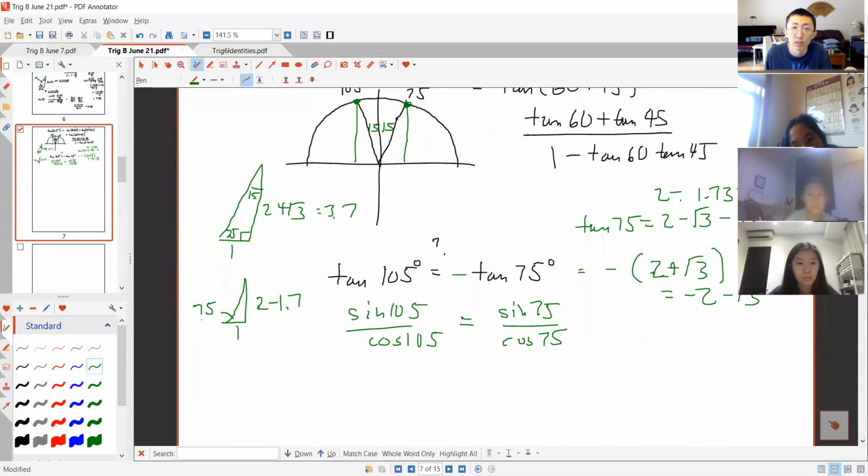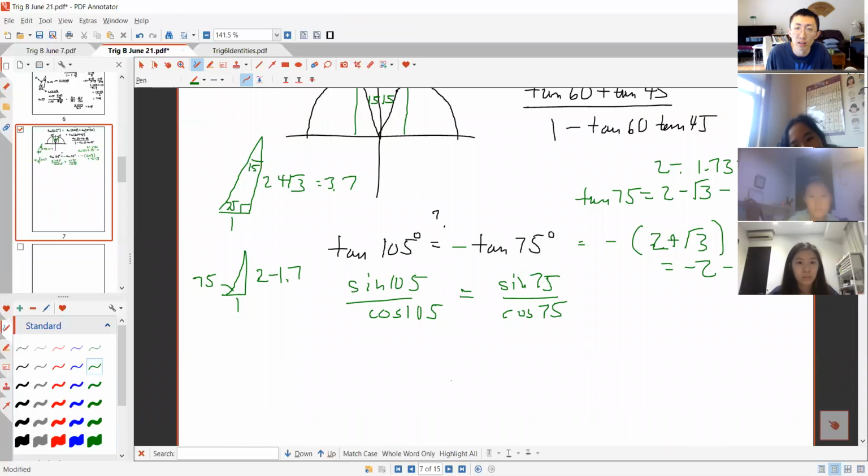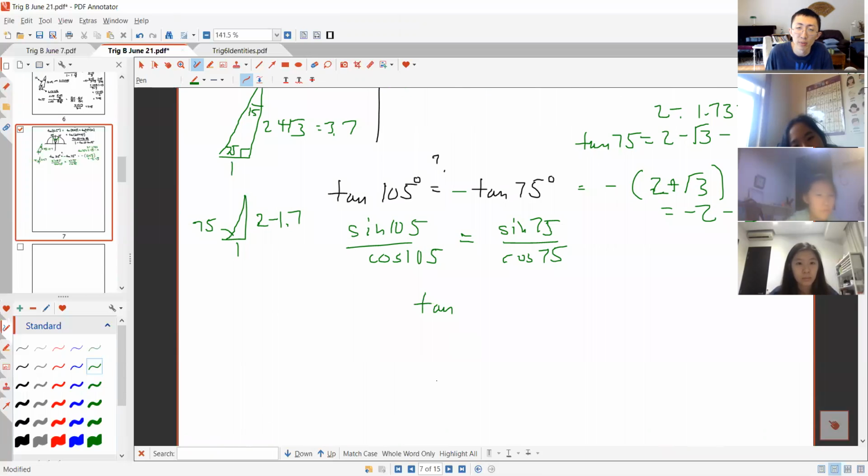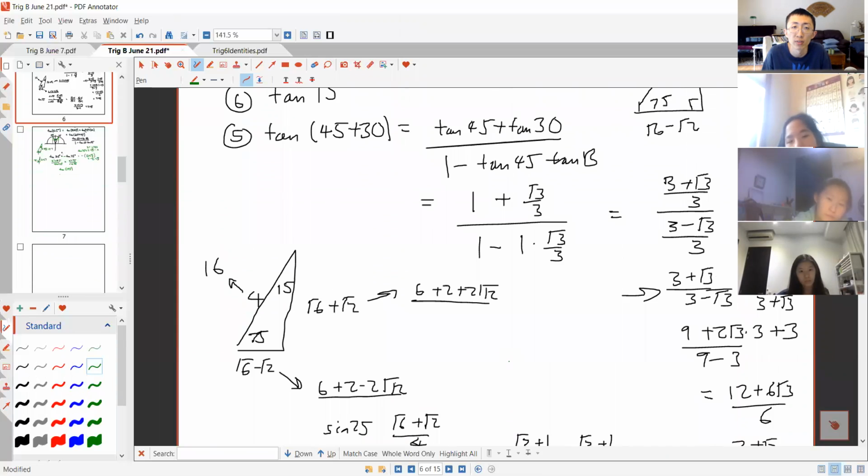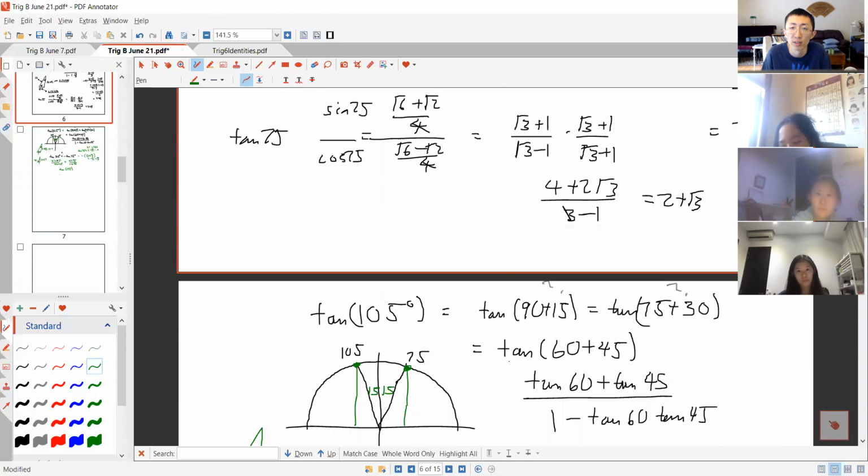Okay, so what if I wanted to find, let's say, tangent 195? It doesn't have to be tangent, but let's do tangent 195. How's that related to something else? Oh, did we find tan 15? We never finished finding tan 15.